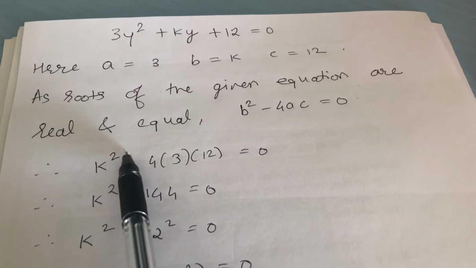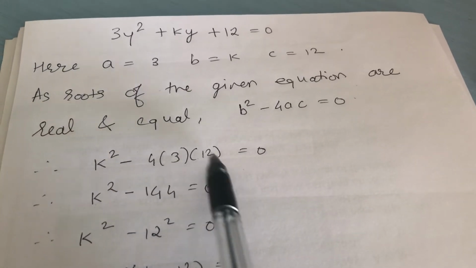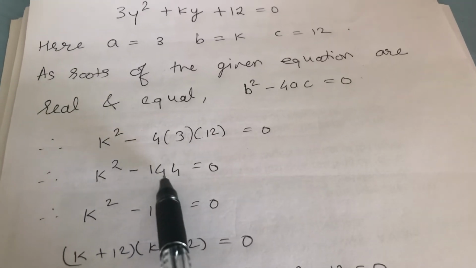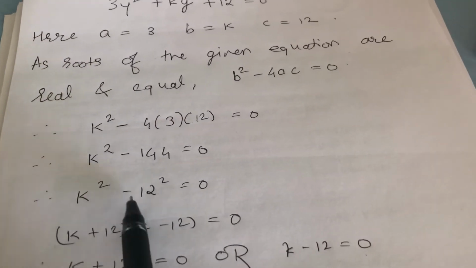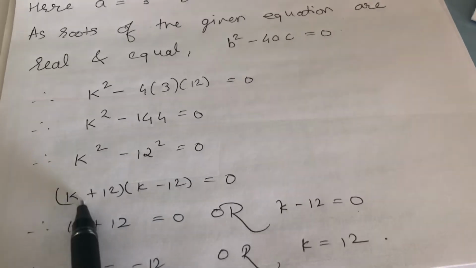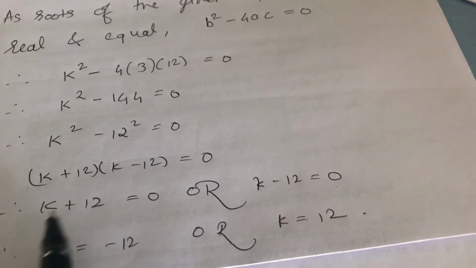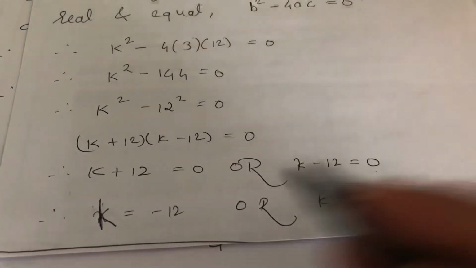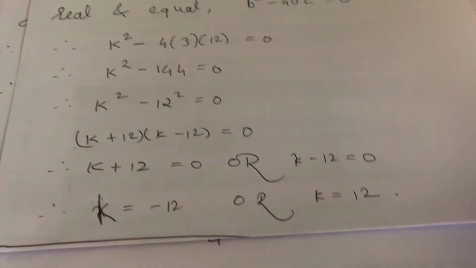Therefore b square minus 4ac is equal to 0. So you get k square minus 144 is 0. So you get k square minus 12 square is 0. Therefore k plus 12, k minus 12, is 0. Therefore you solve this to get k is equal to minus 12 or k is equal to 12.